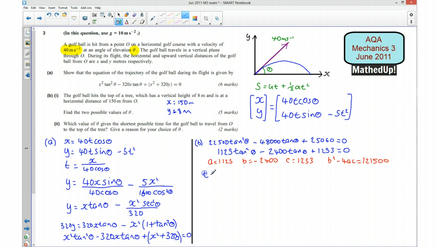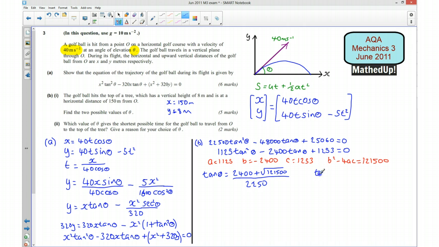So tan theta is going to be equal to minus b, which is this here, so that's 2,400, and it's going to be plus or minus, so I'll do the plus one first, so plus the square root of b squared minus 4ac, so the square root of 121,500 all over 2a, so all over 2 lots of 1,125, 2,250.